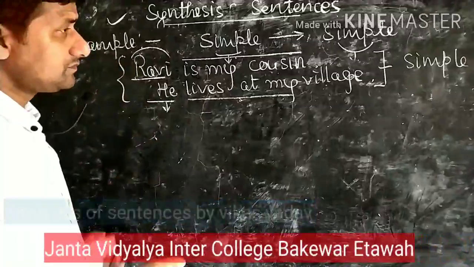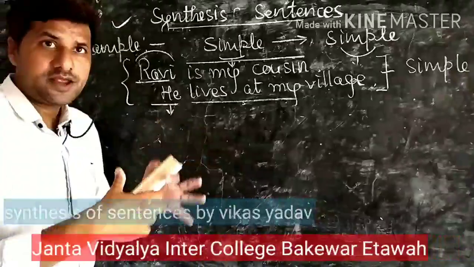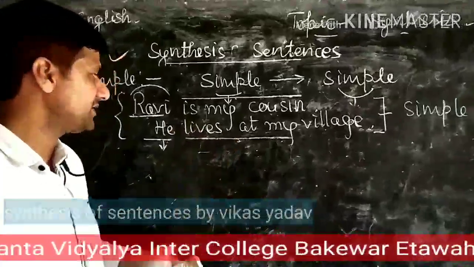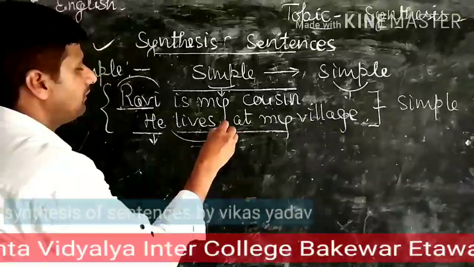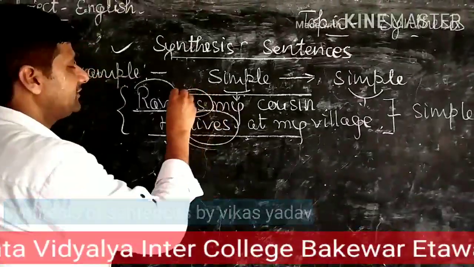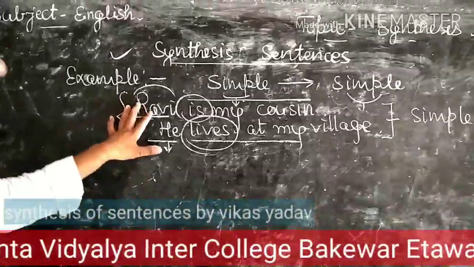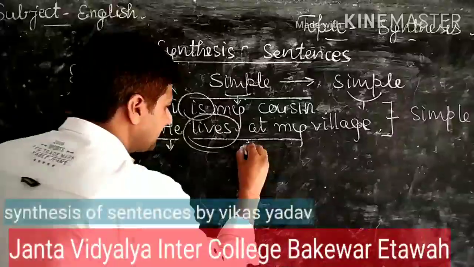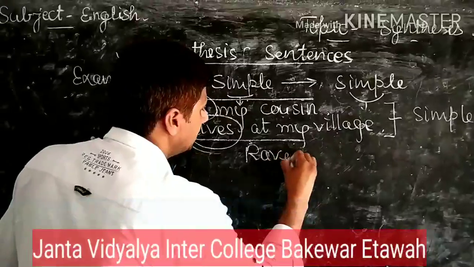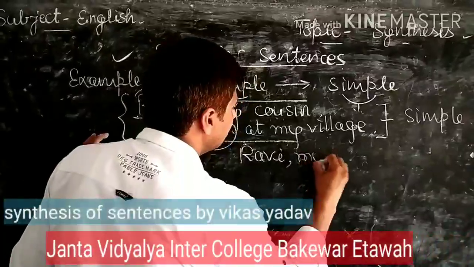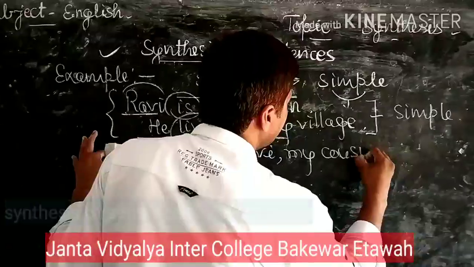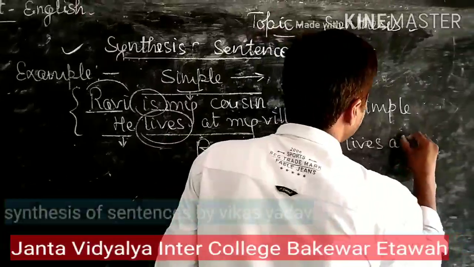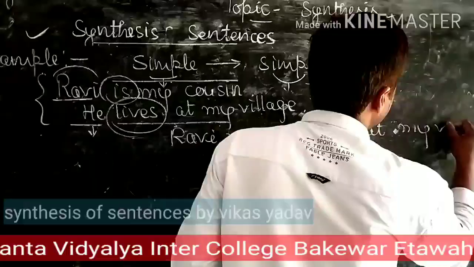So now we have to connect them together and create a new simple. What is simple? Simple is a sentence where there is only one finite verb or only one pair of subject and predicate. Now, if we write the sentence like: Ravi, my cousin, lives at my village.